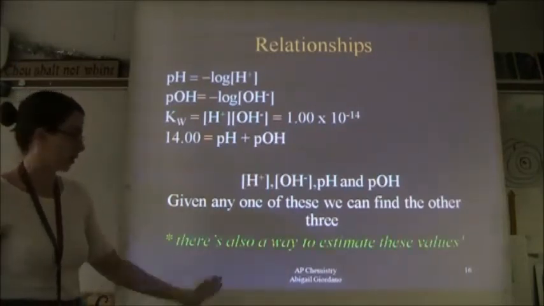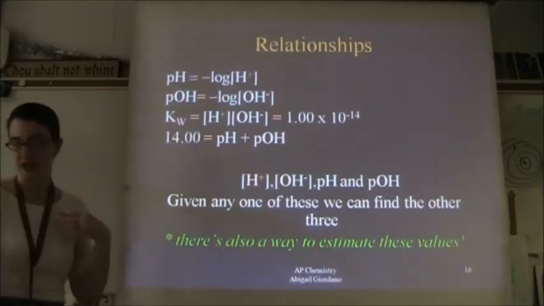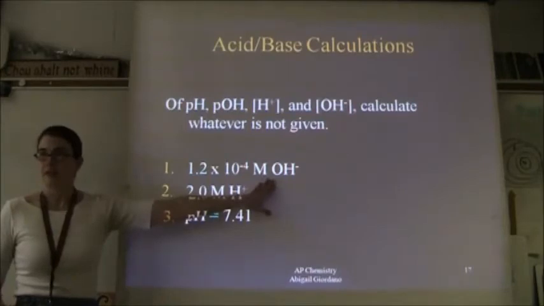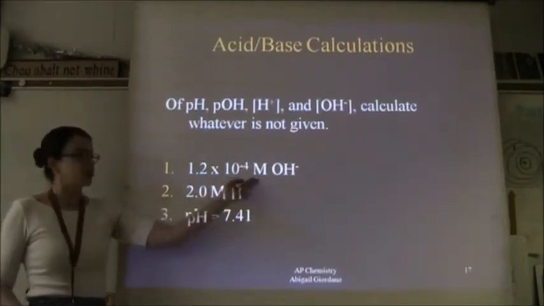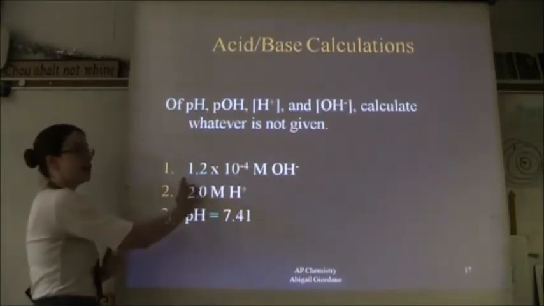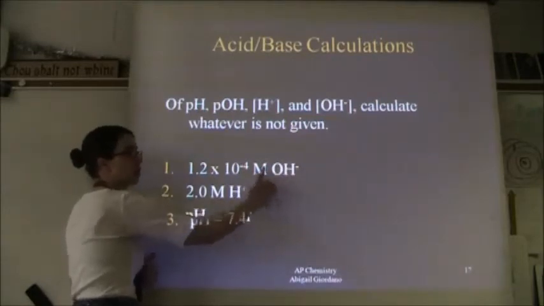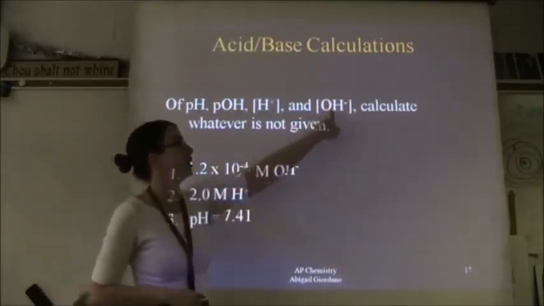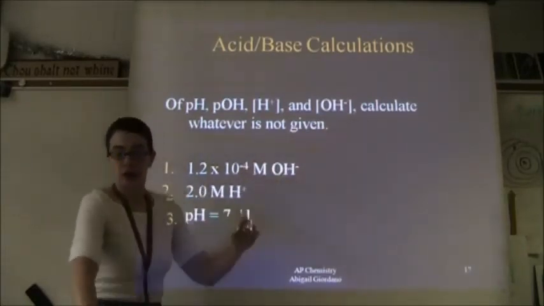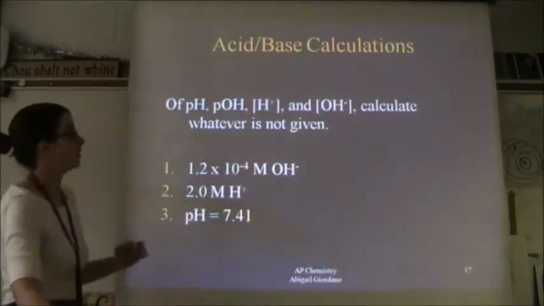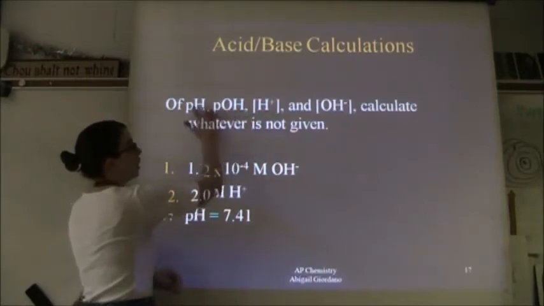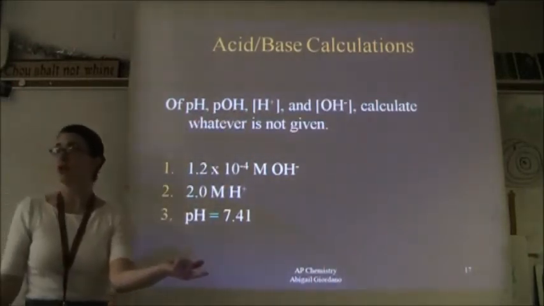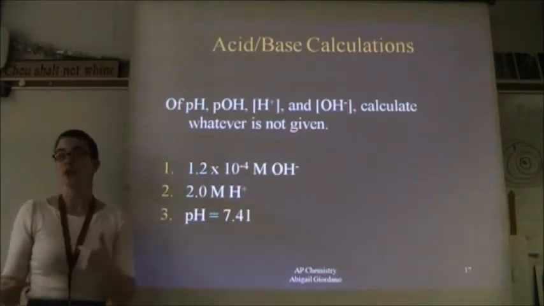So I'll get to this estimating in just a second. But the point is, for example, in number 1, I have given you the hydroxide ion concentration. So you can use these equations to solve for these other pieces. And guys, you and the person next to you might go in a different order.